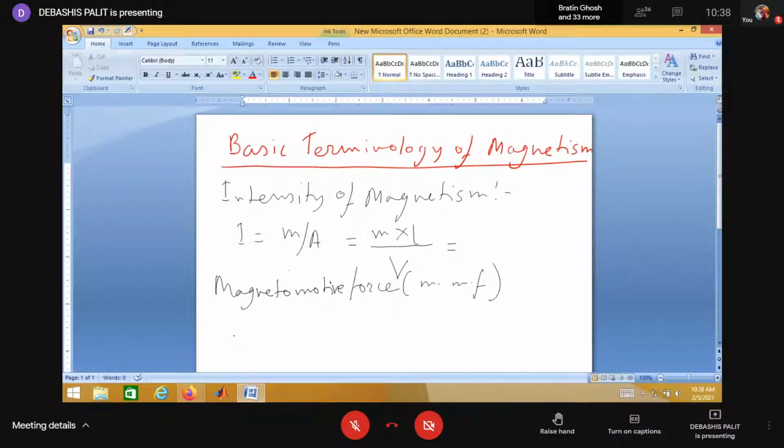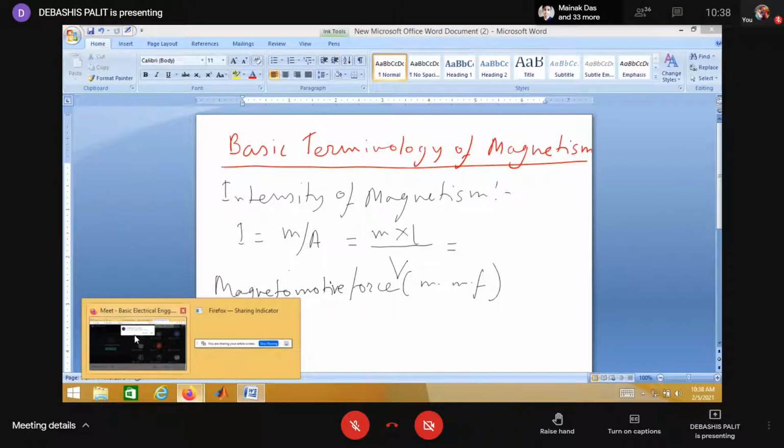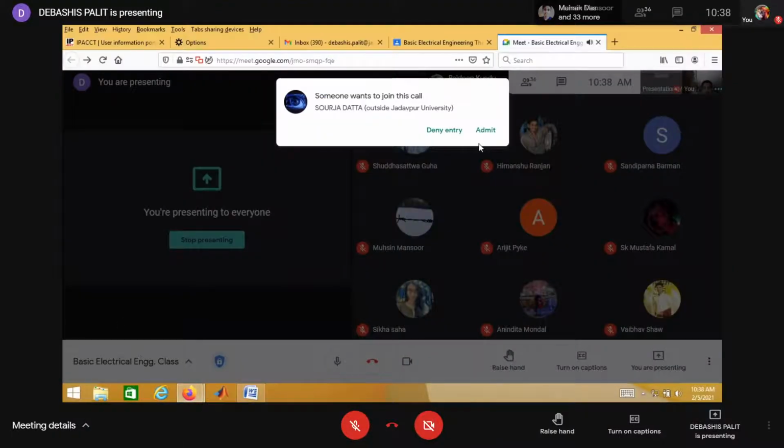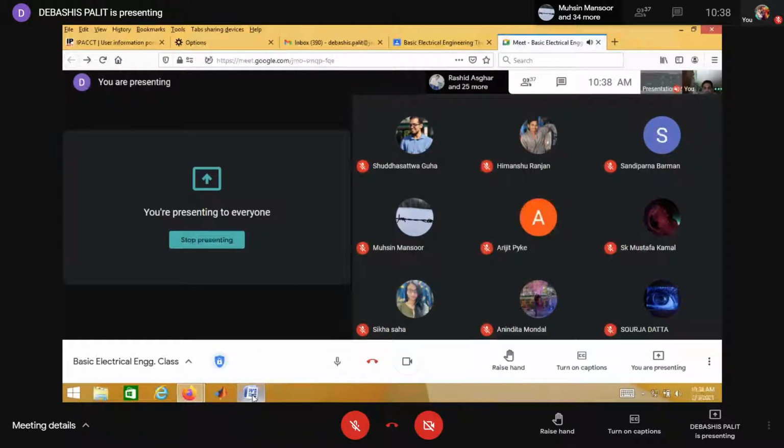EMF of a point, that is the work done on a unit charge carried from infinite distance to a specific point. That is the electromotive force of that point. Similarly, there is a magnetic circuit.